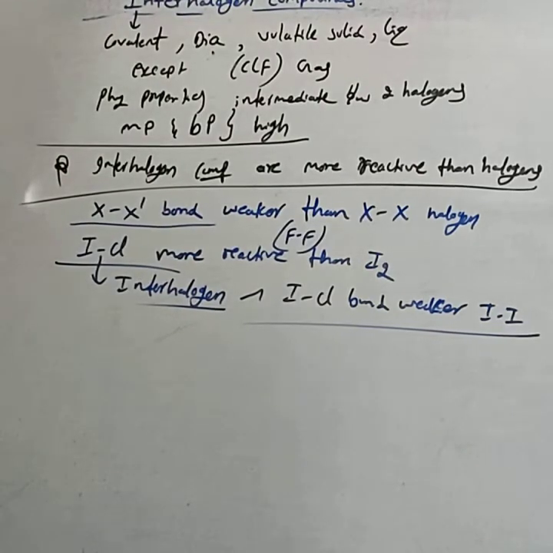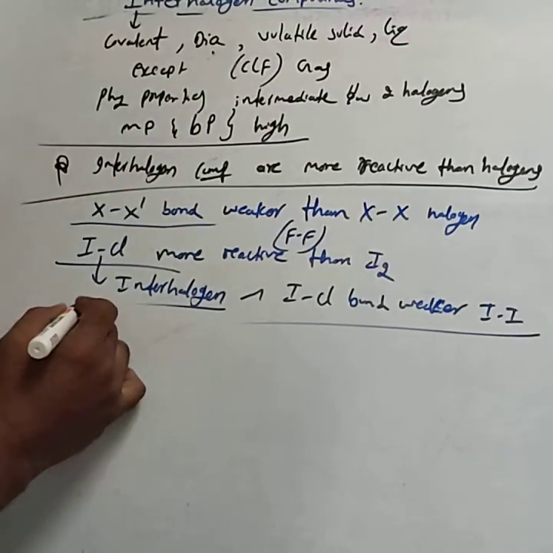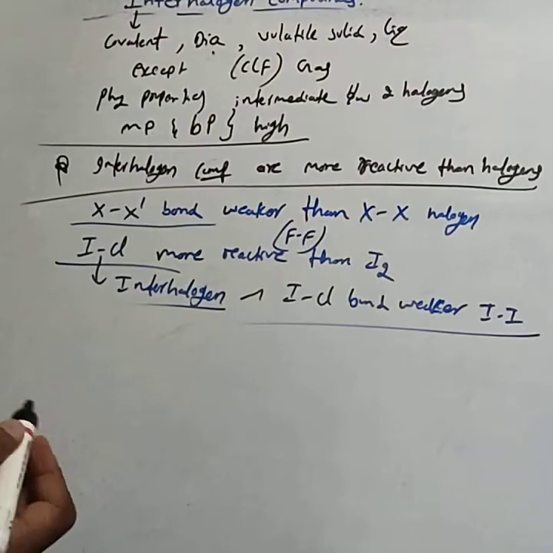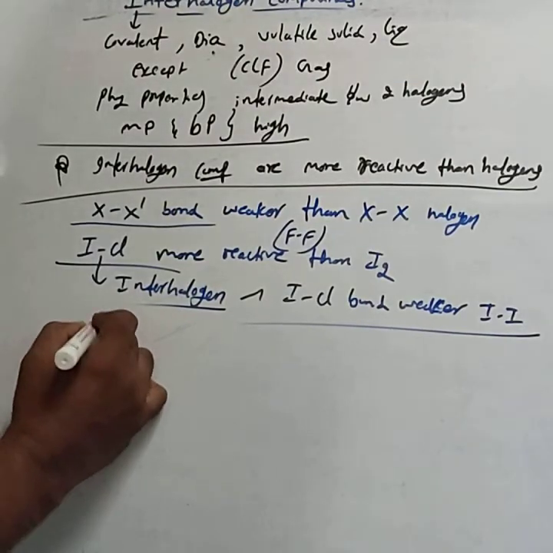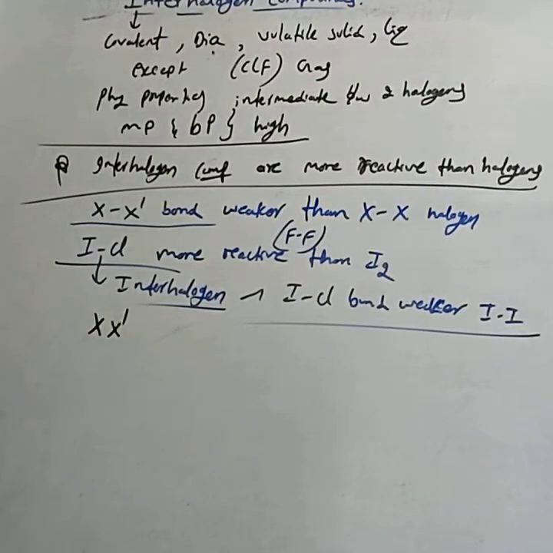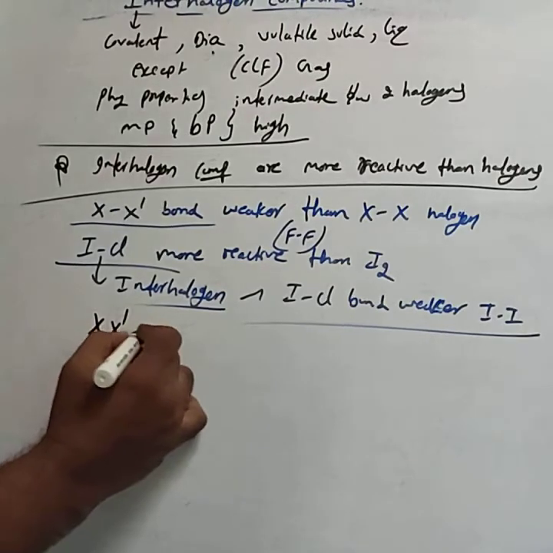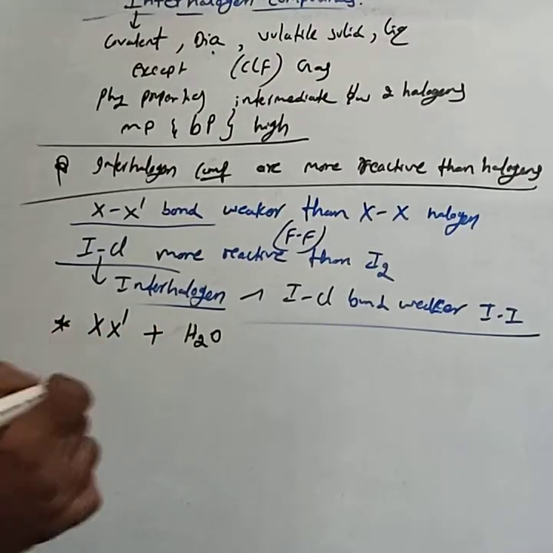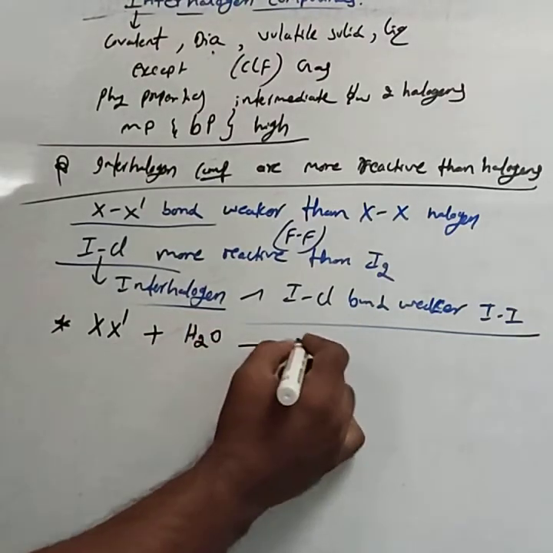Next, these interhalogen compounds undergo hydrolysis. If you hydrolyse an interhalogen compound, for example XX', this is very important for completing the equation.